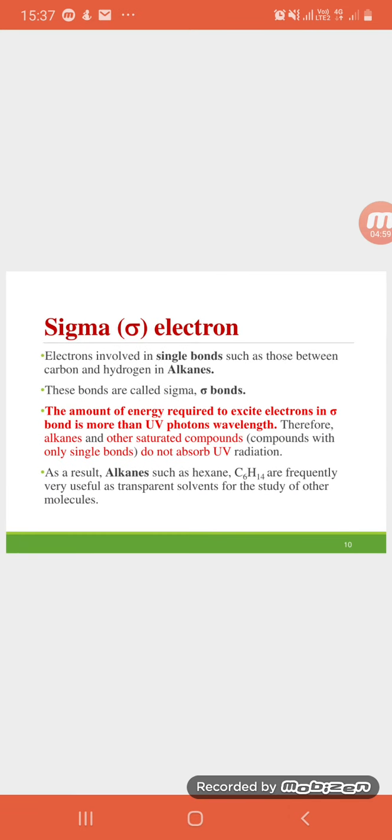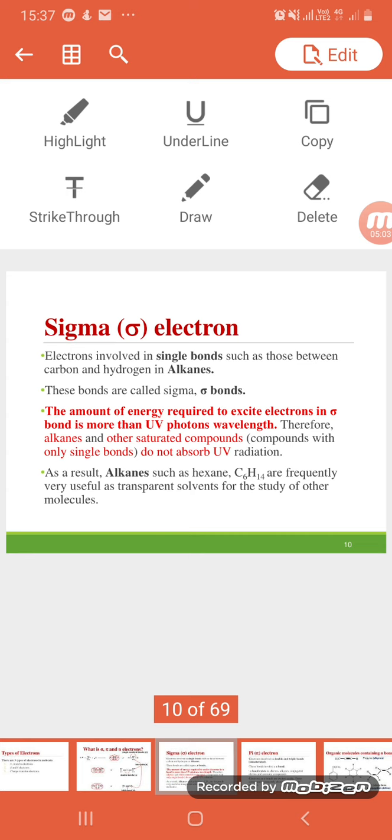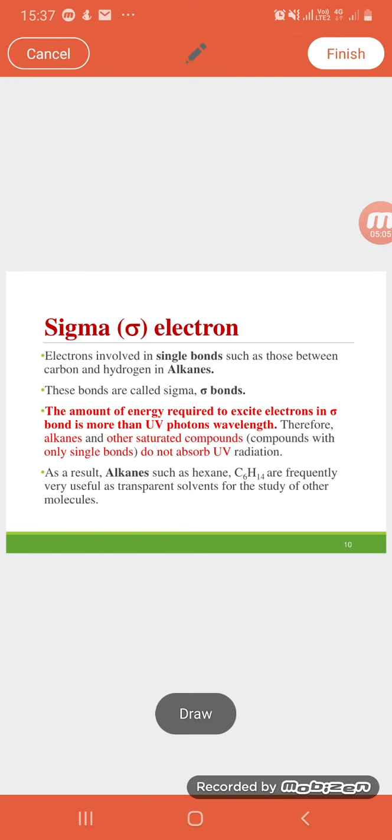So we go into more detail for the sigma electron. Just like I said just now, sigma electron is the electron involved in the single bond. For example, those between carbon and hydrogen in alkane.